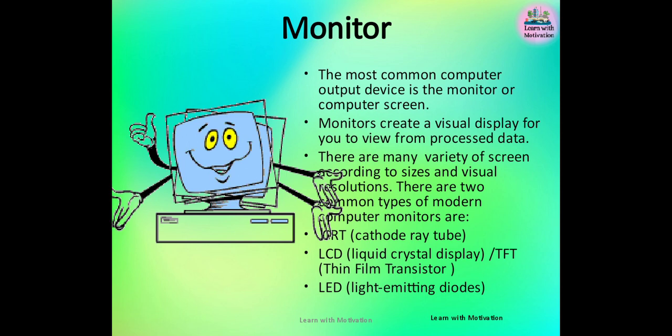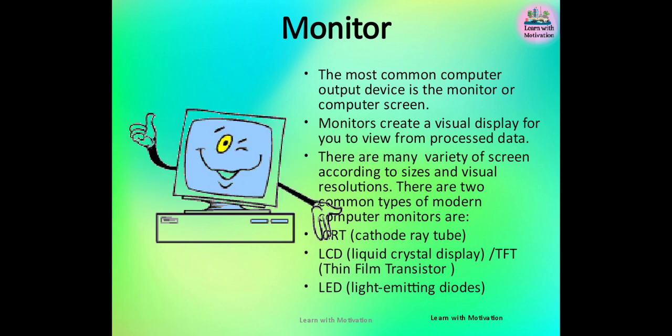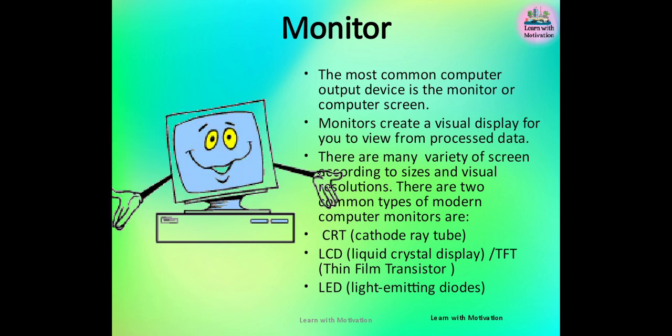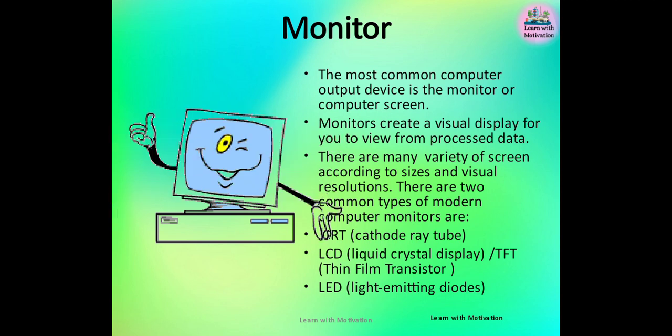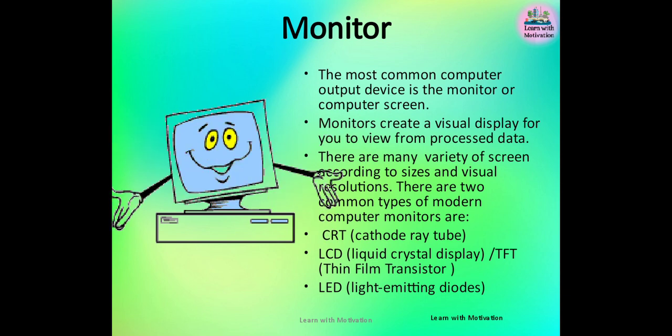Monitors create a visual display. That is why it is called VDU. There are many varieties of screens according to size and visual resolution. The two common types of modern monitors are CRT and LCD. Further, we classify LCD into TFT and LED too.